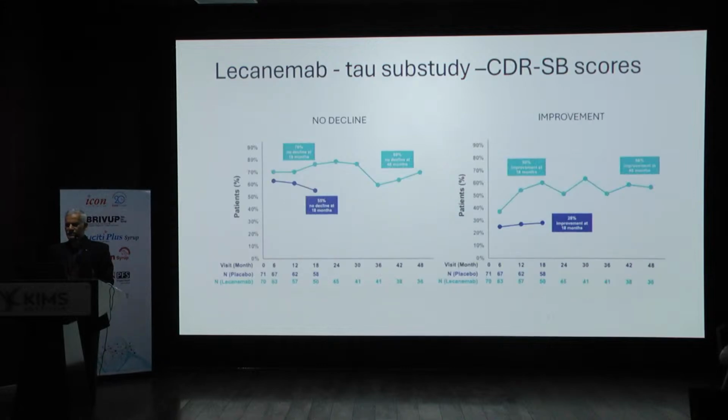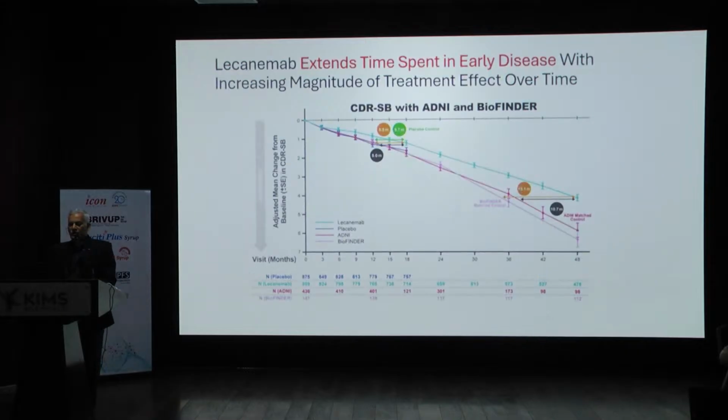This is a sub-study for the CDR sum of boxes score in the lecanemab group. Lecanemab was continued after the completion of the study for those in the open-label study, but there was no comparator group. So they used the ADNI and the BioFINDER cohorts, where we know that the natural process of the disease is to progress and deteriorate further as time progresses.